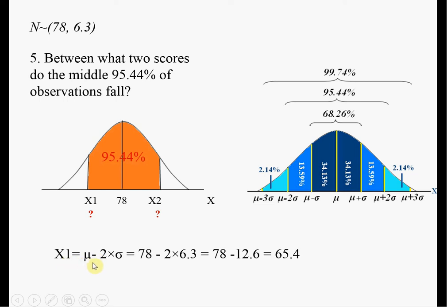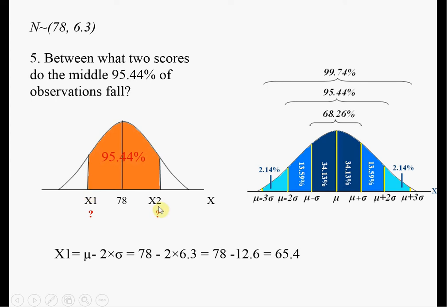Okay, so mean minus 2 times standard deviation. So 78 minus 2 times 6.3. So 78 minus 12.6, that gave us 65.4. So 65.4 corresponds to a value here, which is 2 standard deviations below the mean.